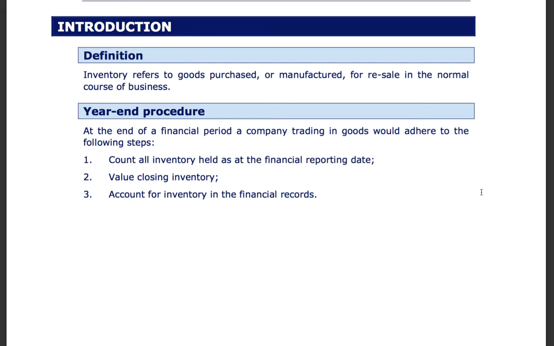I don't think so. You work in a supermarket, what do you do? You go to the supermarket, you count all the things that are present on 31st December. Now let me give you some homework to do. The next time you go to a supermarket, probably in June or maybe in December, depending on what the year end of that supermarket is, they will put some of the things that say do not touch.